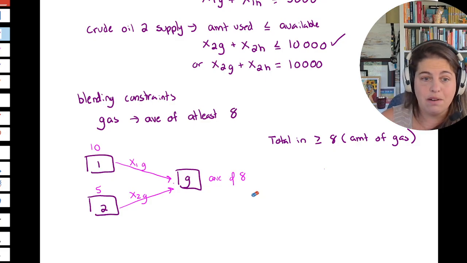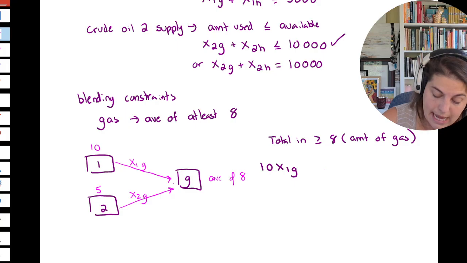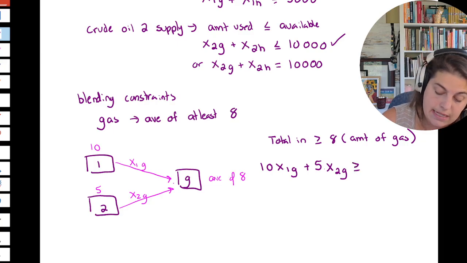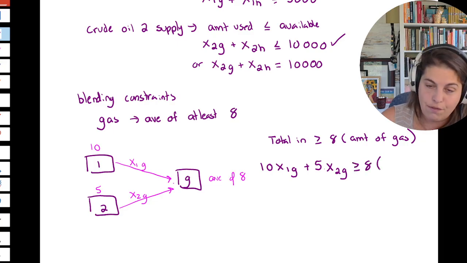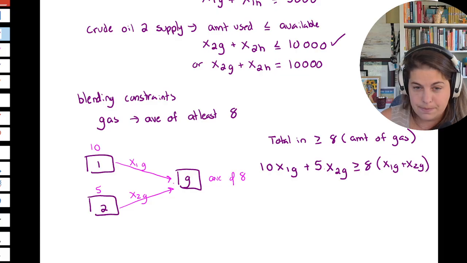So when we look at the total going in, there are 10 units of quality for each crude oil 1 going into gas. There are 5 units of quality for crude oil 2 going into gas. And I need this to be at least 8 for my total amount of gas. And my total amount of gas is the sum of the parts.